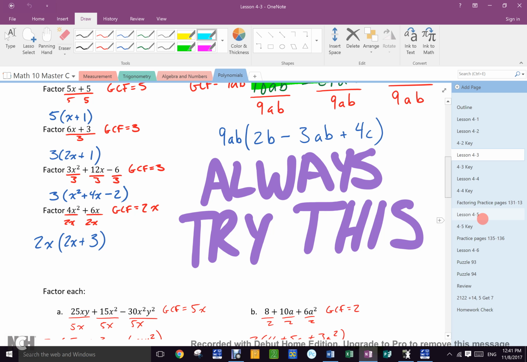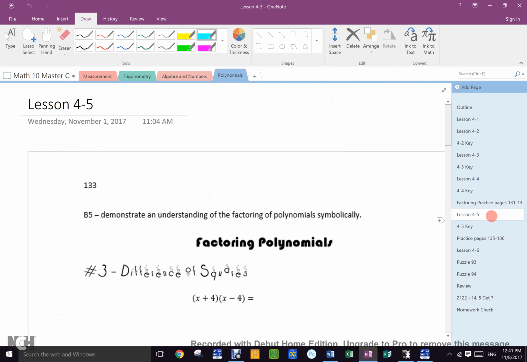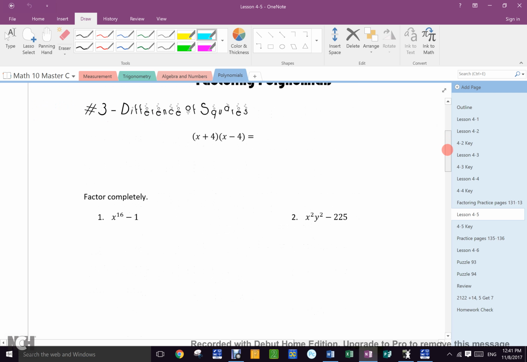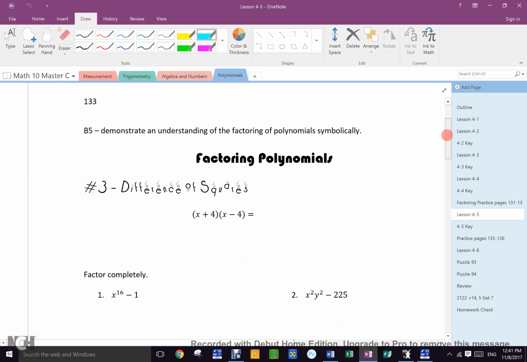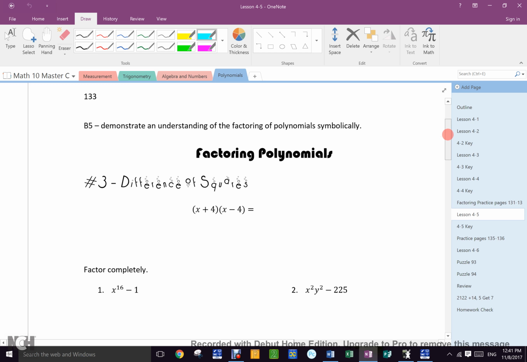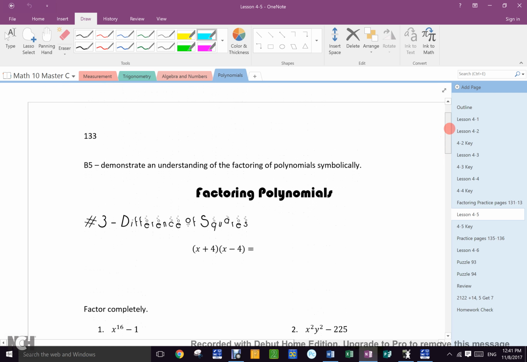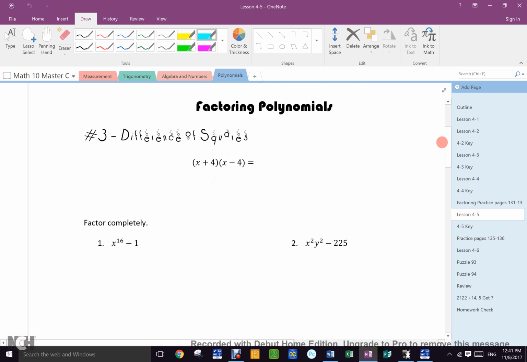If you would all be so kind as to flip to page 133. Oh, wait. We already did 133. No, we didn't. We haven't done 133. Haven't we? No, that was the other one. Okay.